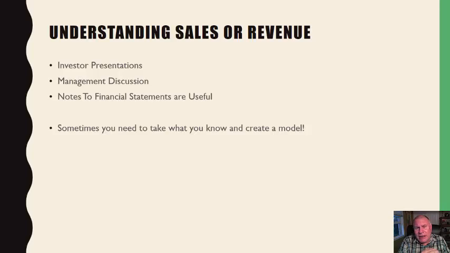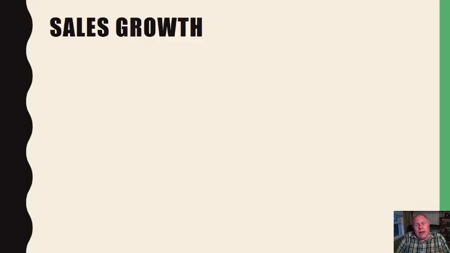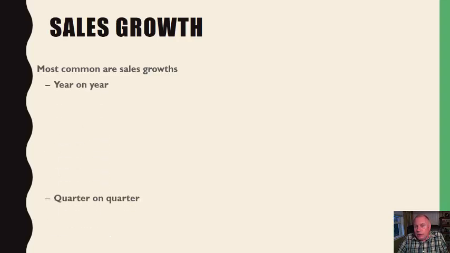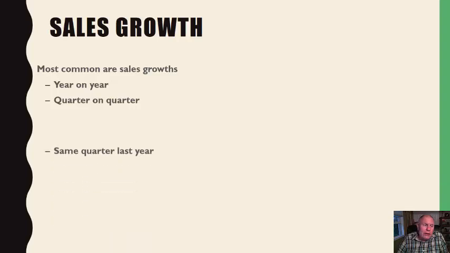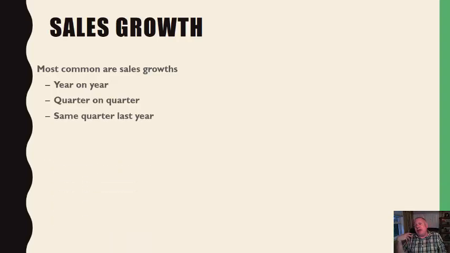By the way, if you can't get certain things off the company's website, you might want to go to EDGAR, which is the SEC, and you will find it there also. All you need to do is enter the ticker symbol. Now that we have this, at sales, what you saw that most common are sales growth. We look at things year to year, quarter on quarter, same quarter last year. So sometimes just looking at it year to year.